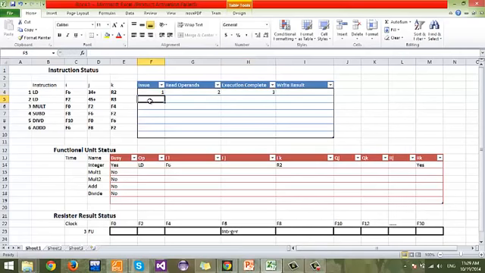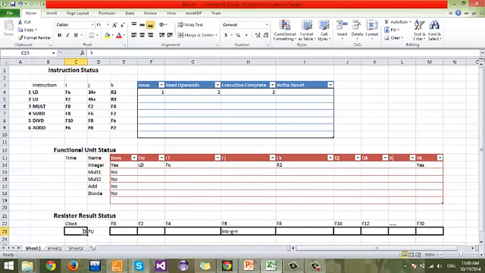And can load 2 be issued in this stage? No. The integer functional unit is not yet free. It's still busy as it has not completed its work. And register result status will remain the same.